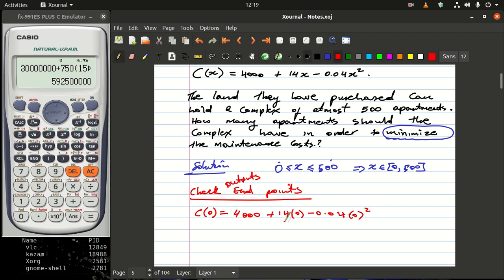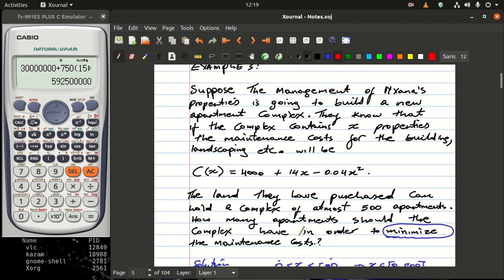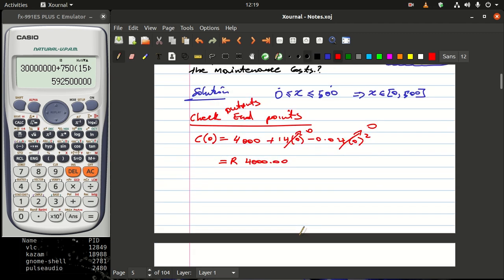Anything multiplied by 0 is going to be 0. So this one is going to be R4,000.